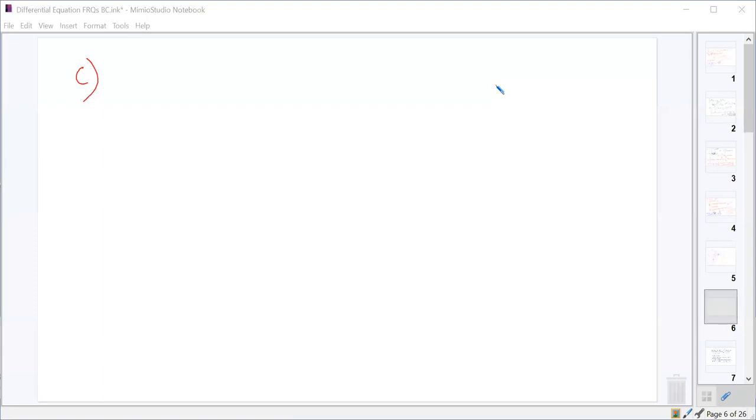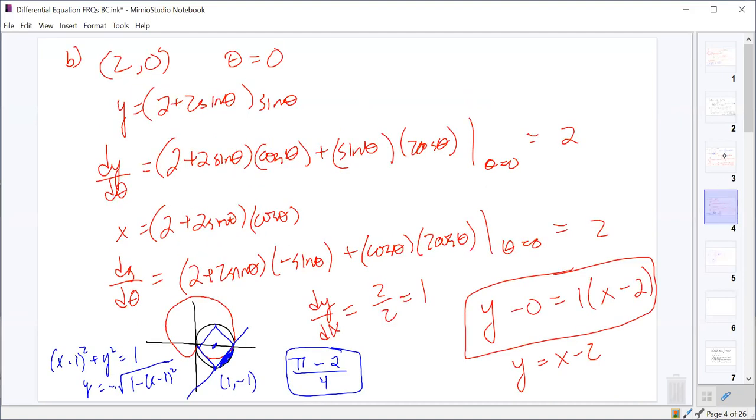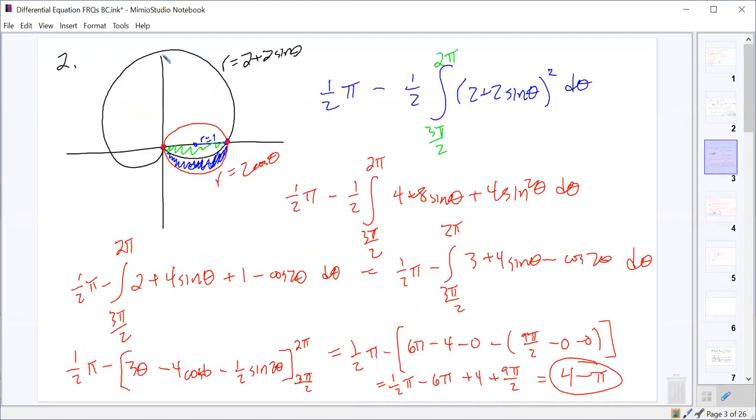The distance between the two curves is changing, and we're looking for the rate of change of that distance when theta is pi over 6. From 0 to pi over 2, clearly the limaçon is outside of the circle, and so the distance between them is just 2 plus 2 sine theta minus 2 cosine theta.